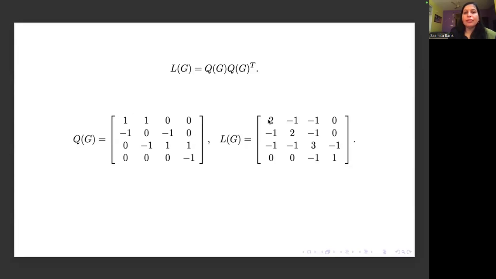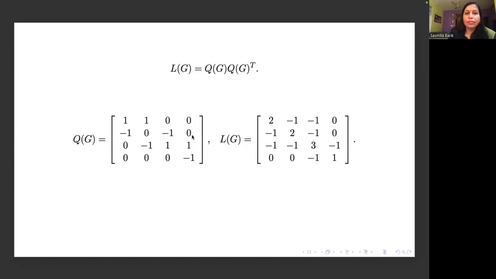That gives me the first entry in the product. When it is multiplied with the same row, its transpose, you get two ones that are added. That gives you 2, which represents a degree. So this diagonal entry will be the degree.